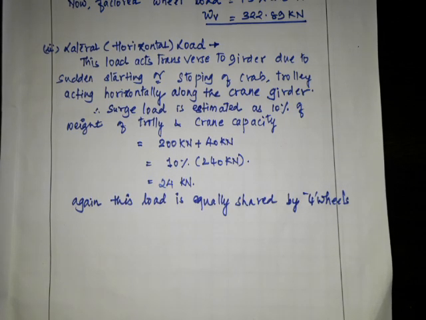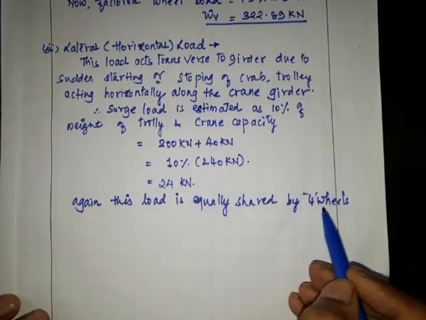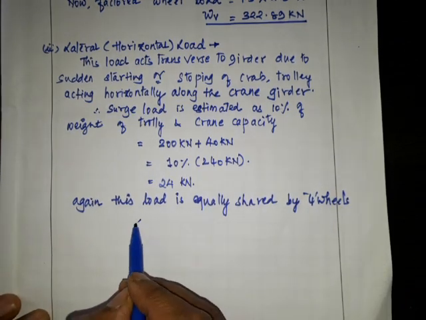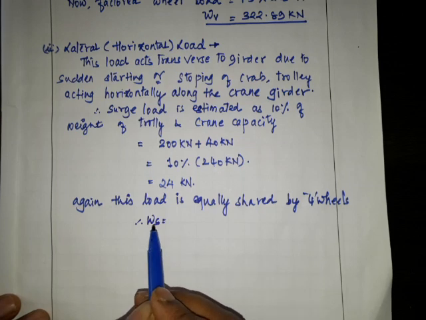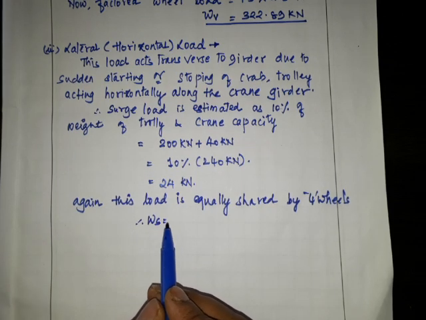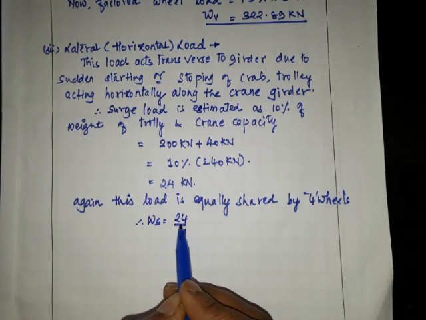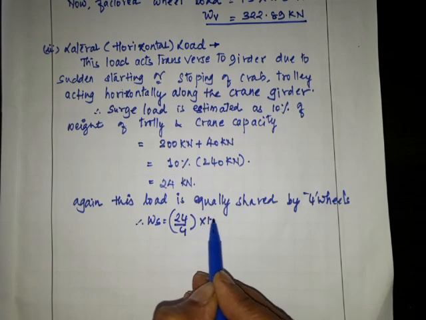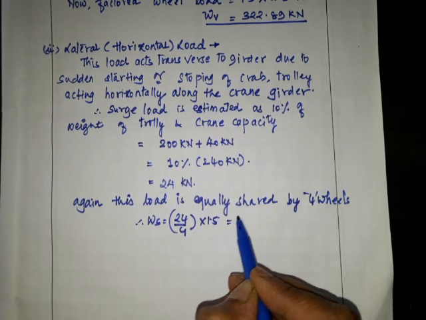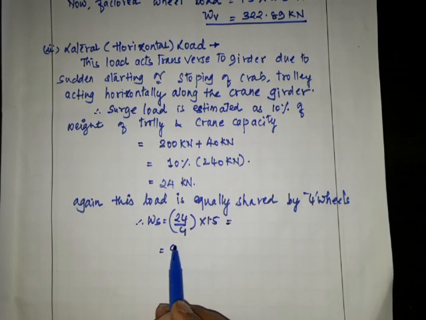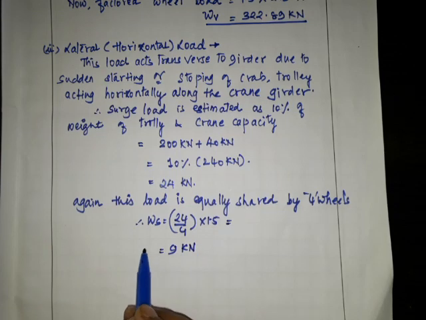So that's why it is equally divided by 4 wheels. Therefore WS, surge, is equal to 24 divided by 4, multiplied by the factor of 1.5, which I have multiplied here only. So we get this as 9 kilonewton. So WS, or horizontal load WH, is 9 kilonewton.